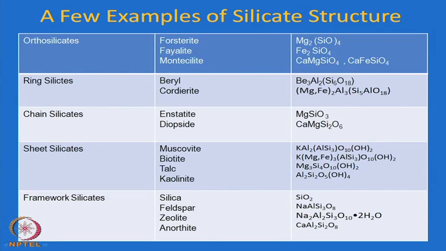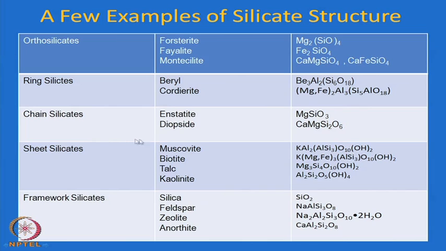Cordierite is the phase which has a very low thermal expansion coefficient compared to many other materials, and therefore it is ideally suited for kiln furniture, which is used to support the other ceramic products which are of interest to us. So, cordierite is a very important ceramic, and one needs to know its structure as well as property. Maybe if time permits, we will discuss why cordierite ceramics have such a low thermal expansion coefficient.